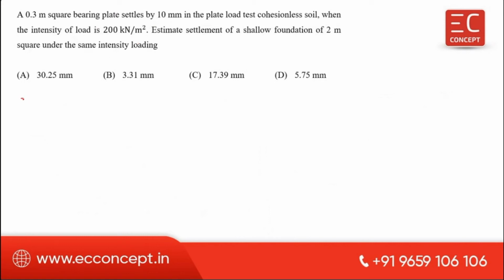So the settlement formula: SF divided by SP is equal to breadth of footing divided by breadth of plate, into breadth of plate plus 0.3 divided by breadth of footing plus 0.3, the whole square. So this is the formula for cohesionless soil.